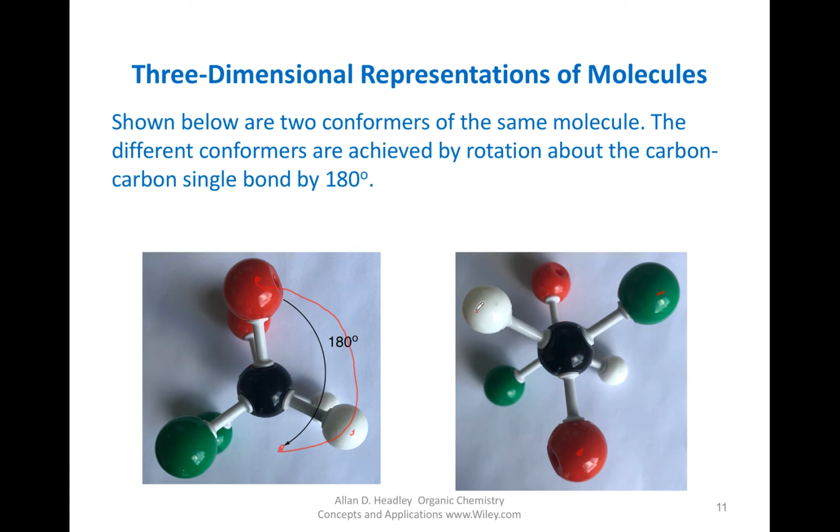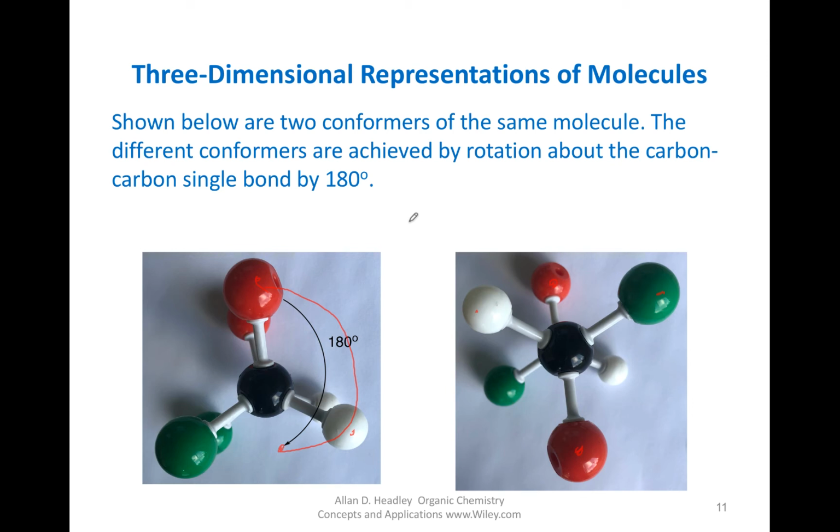You'll notice here that this conformer is no longer the eclipsed, but it's the anti, because these two groups that are in the plane are opposing each other, right across from each other, on opposite sides. So that's the anti-conformer, using the Newman projection.